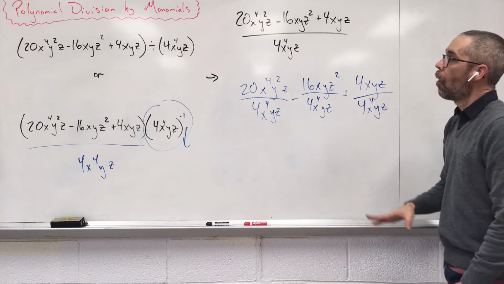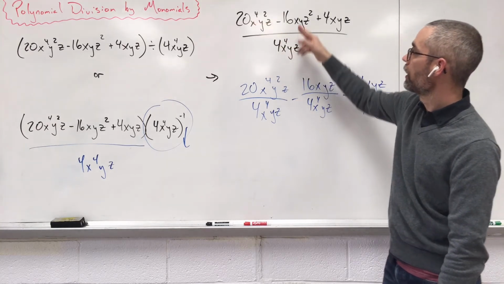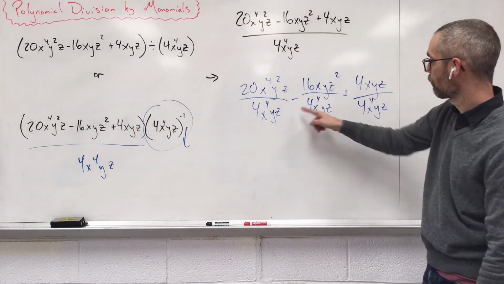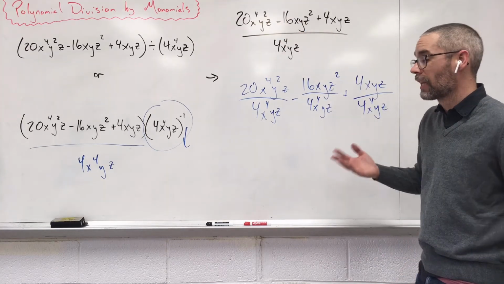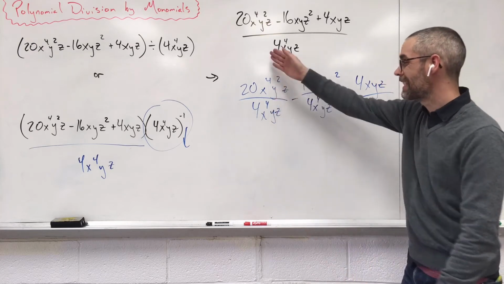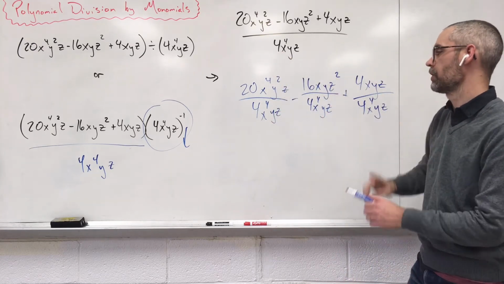All I'm doing is creating three separate fractions, each separated by the plus and the minus signs. Now I want to look at it as if it's three separate problems and simplify each one.